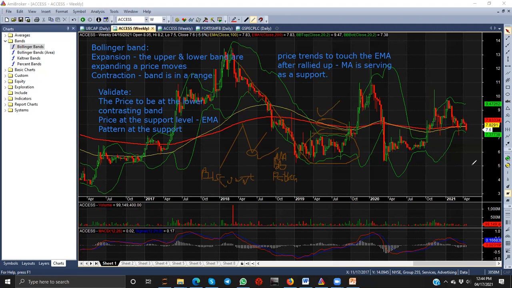So look at this, sir. The trend is up. The trend has come back down. The price is trading around the moving average and the lower Bollinger Band. You take your buy. Ideally, you will have taken your buy around here.